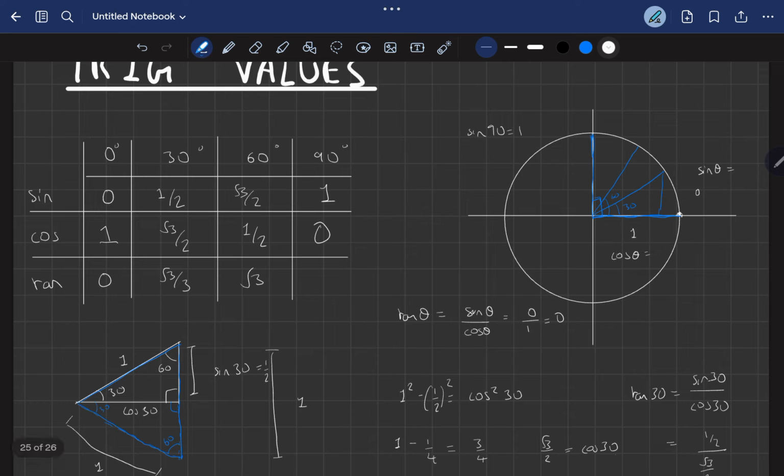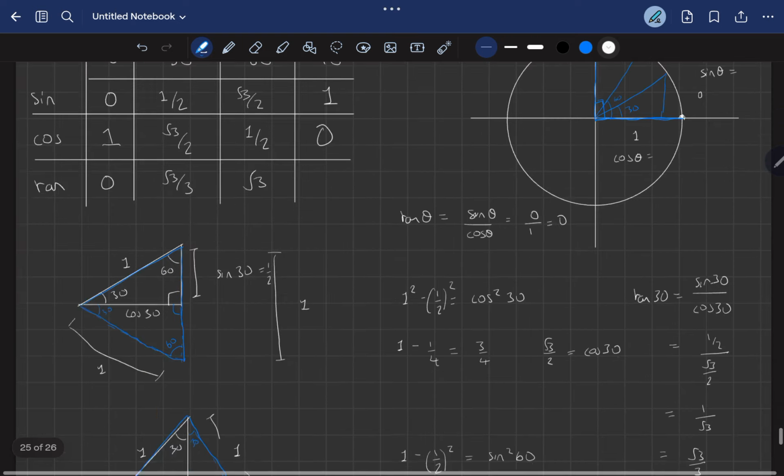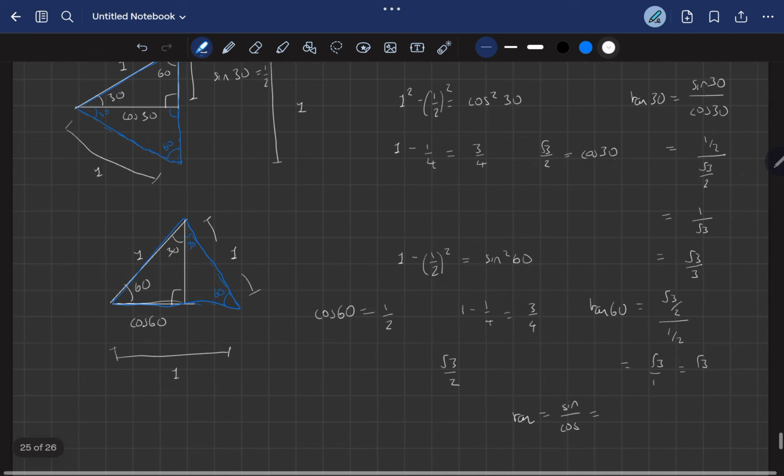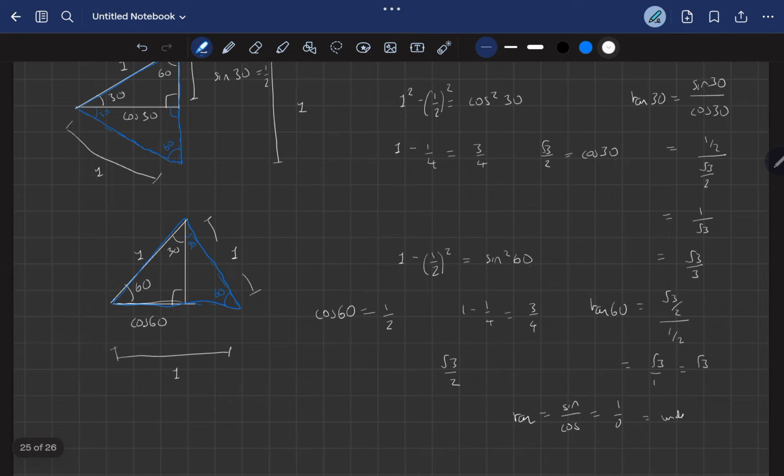And now if you do sine over cos to get tan, that would be 1 over 0. You can't divide by 0, so this would just be undefined.